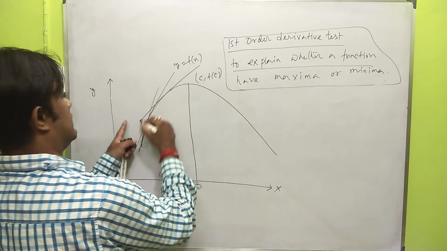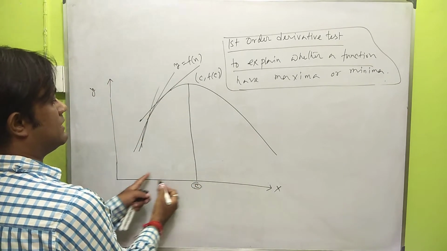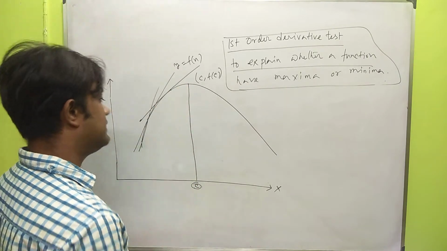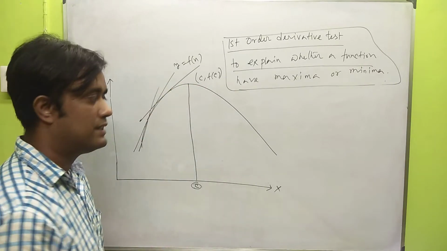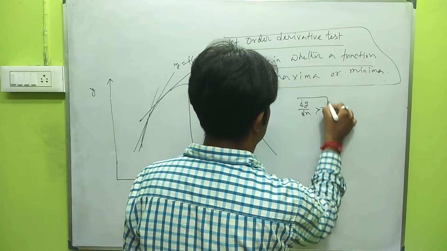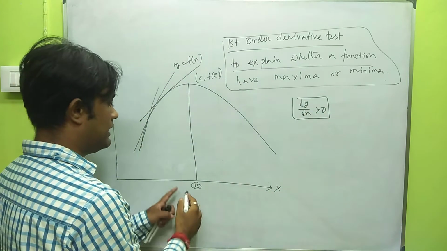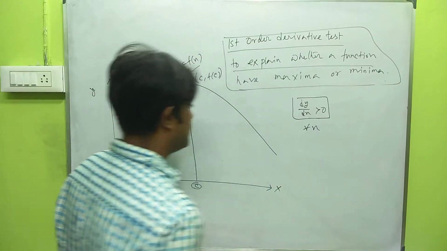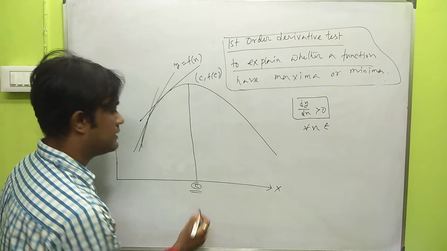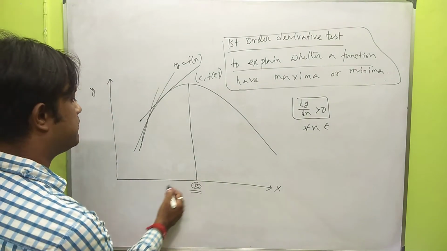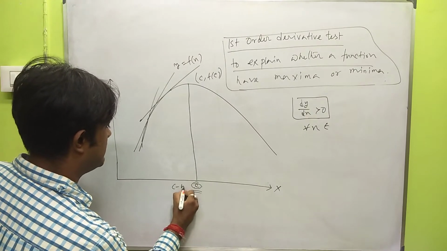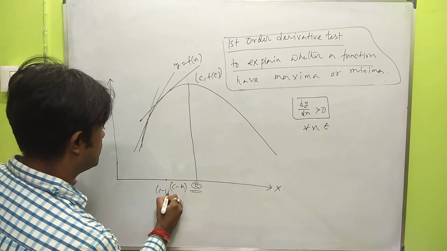So in the left side of C, the derivative of the function is always dy by dx greater than 0 for all x in the left portion of C, that is C minus h, C minus 2h.